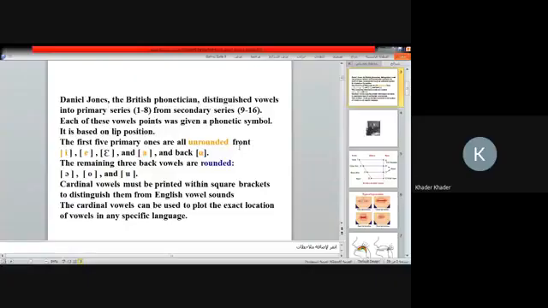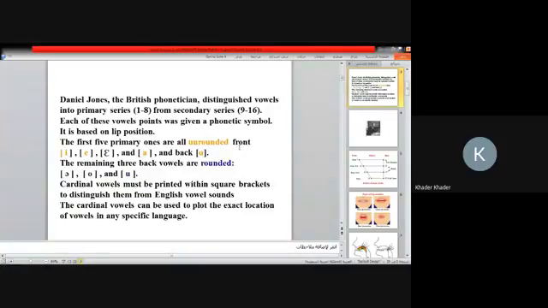The remaining 3 back vowels are rounded. Cardinal vowels must be printed, as you are aware, within square brackets. You remember when I told you that every phoneme should be kept between 2 slants. Now this one should be between 2 brackets, just to distinguish them from English vowel sounds.